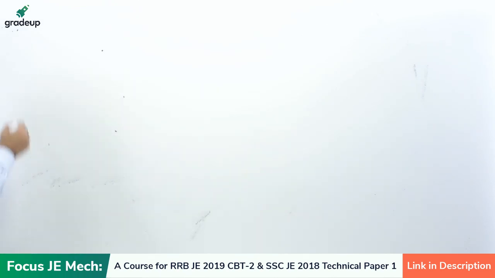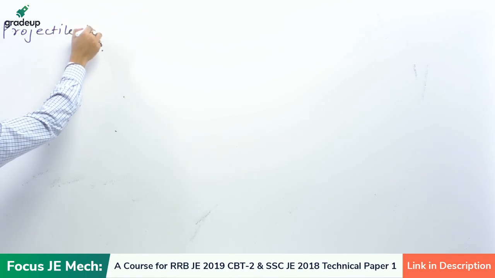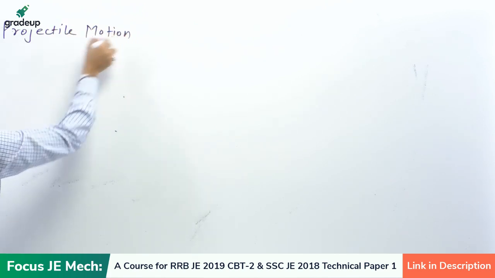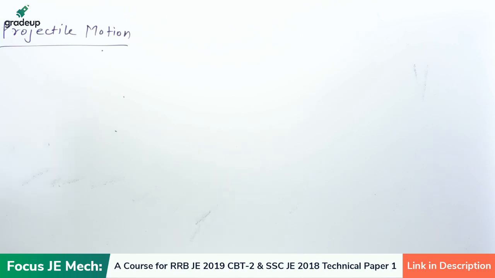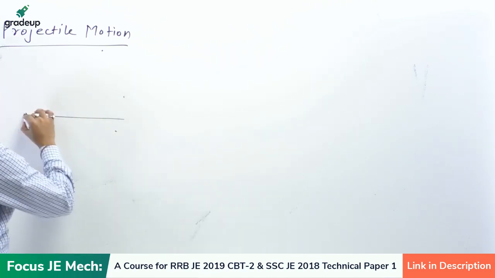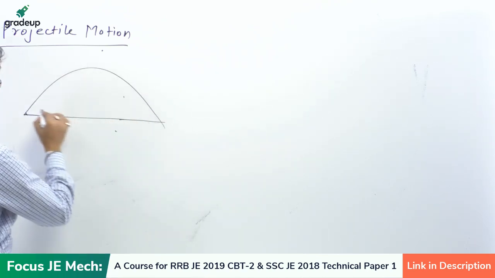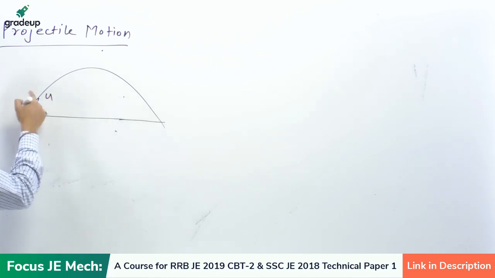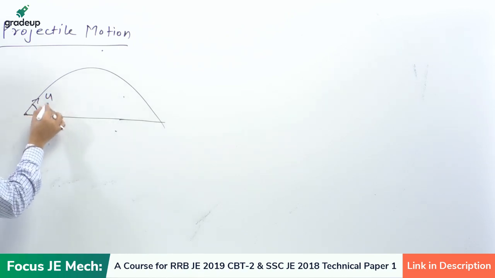Now let us quickly see about projectile motion. What is a projectile motion? Suppose this is a body being projected at a velocity u at an angle theta.